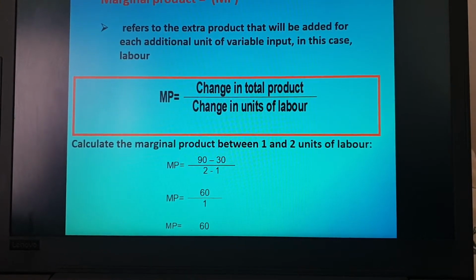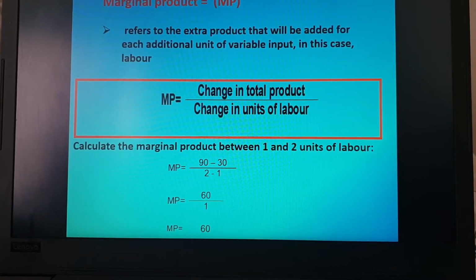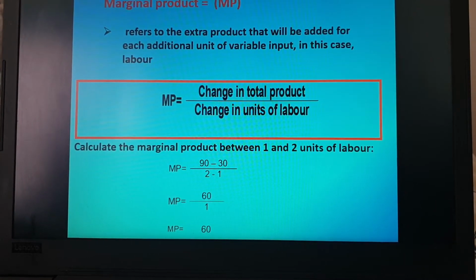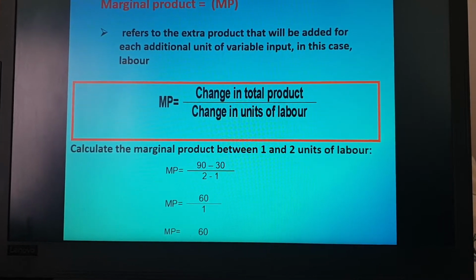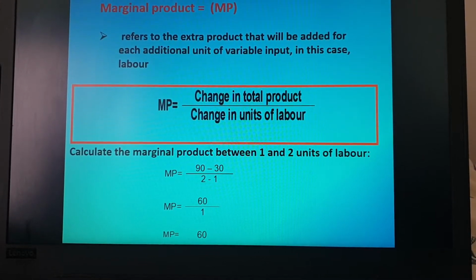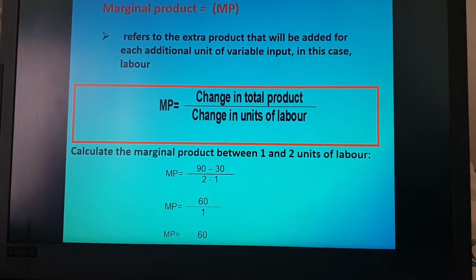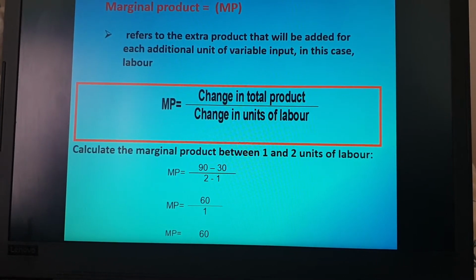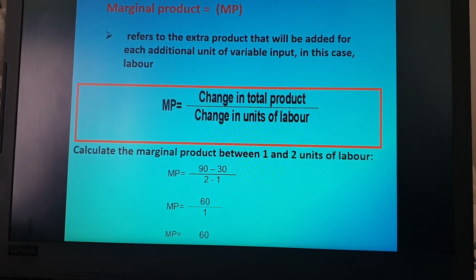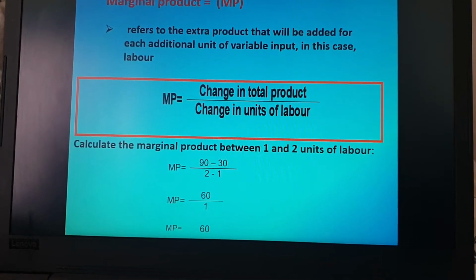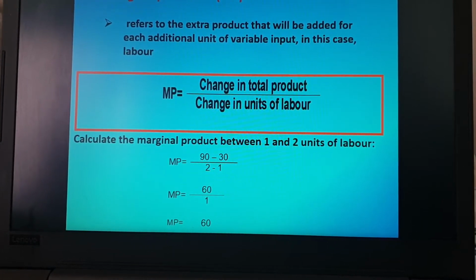So if I say 90 minus 30, the change in total product, and underneath, the change in the units of labor, 2 workers minus 1, it will give me a marginal product of 60 over 1, which means 60 divided by 1. So my marginal product will be 60. Remember, marginal means the additional unit of variable input, so that will be the additional product that I will be able to produce. It will be 60.